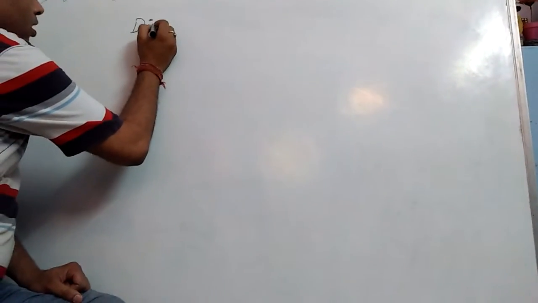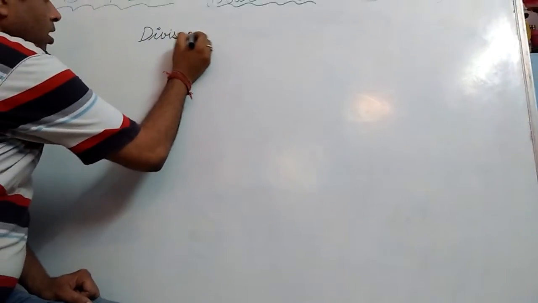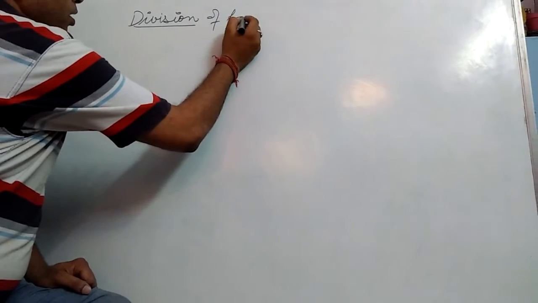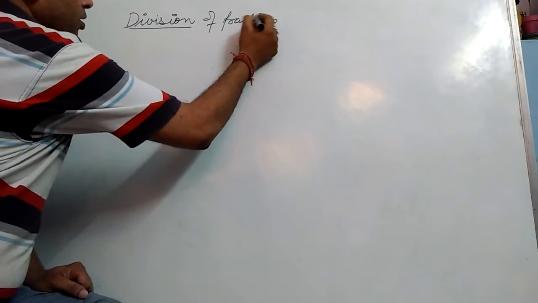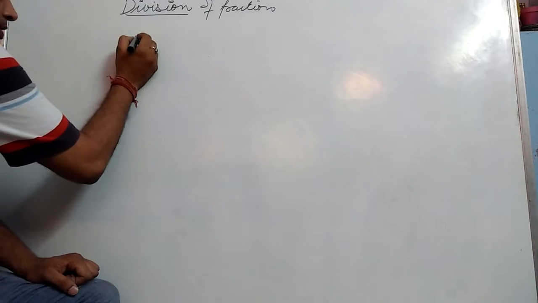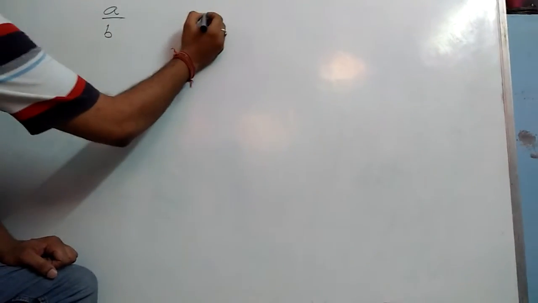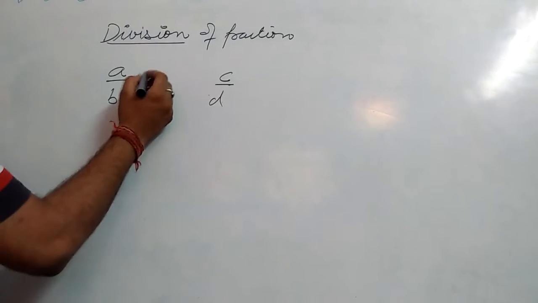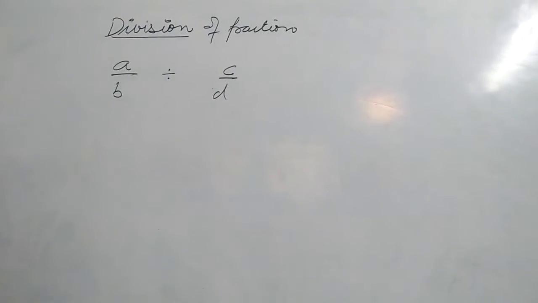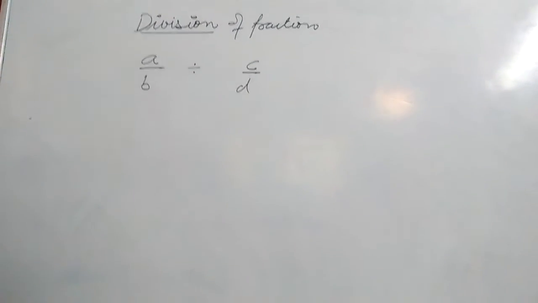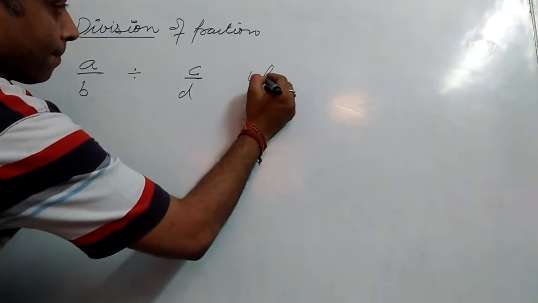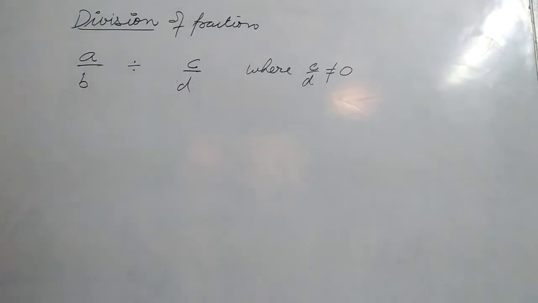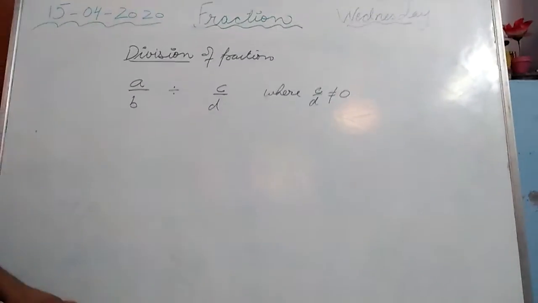Next topic is division. Division of given fraction. For example, if I consider two fractions are given, a upon b and c upon d. My first fraction a upon b is divided by second fraction c upon d, where c upon d is not equal to 0.